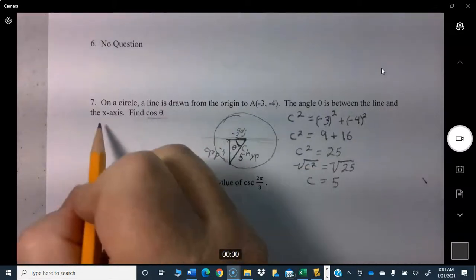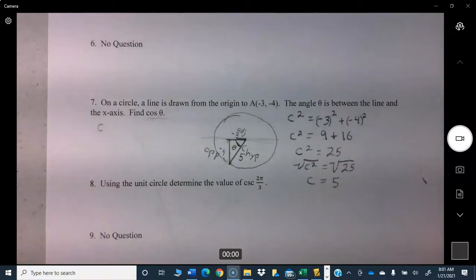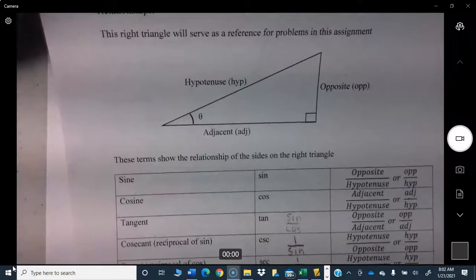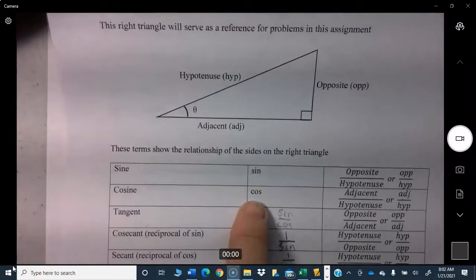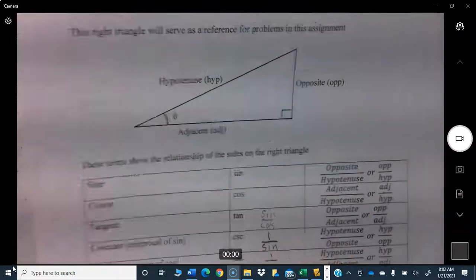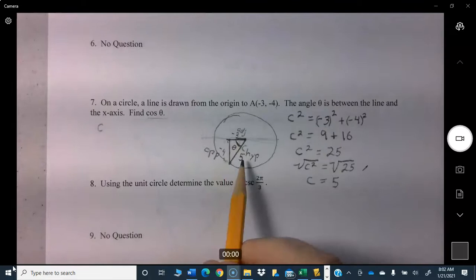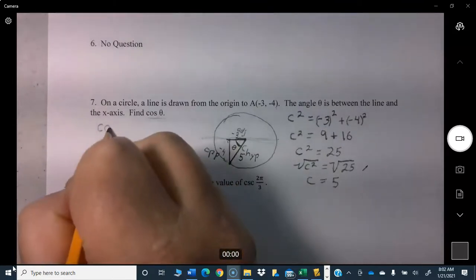Okay, so what is cosine? Go back and review your principle. Okay, so here they are. So cosine is adjacent over hypotenuse. Adjacent over hypotenuse right there. Okay, so the adjacent is the -3, the hypotenuse is 5.